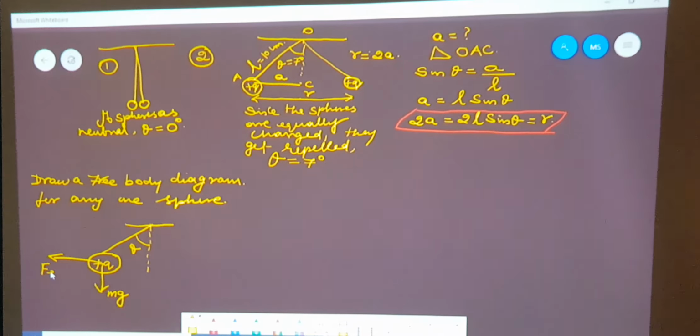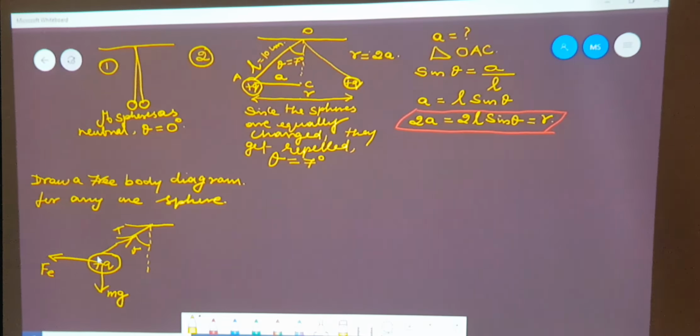Let us write it as Fe. Now, along the string, you will have the tension acting, due to the repulsive force as well as the gravitational force acting on this sphere.